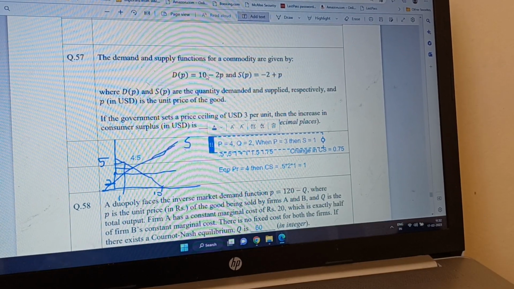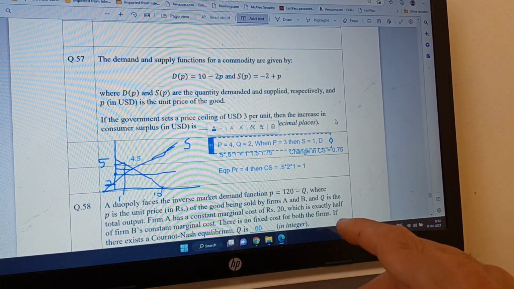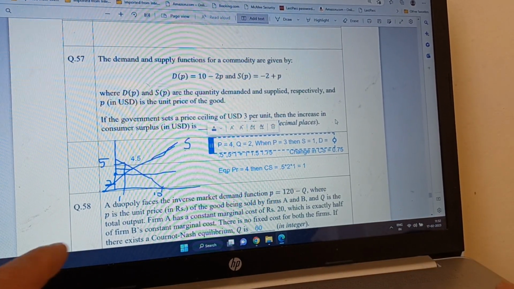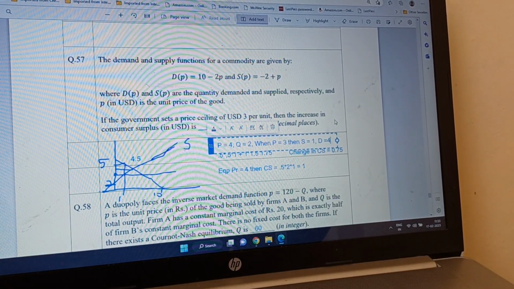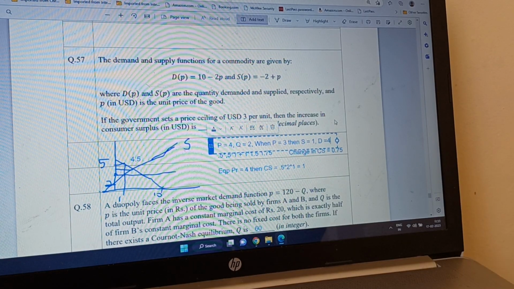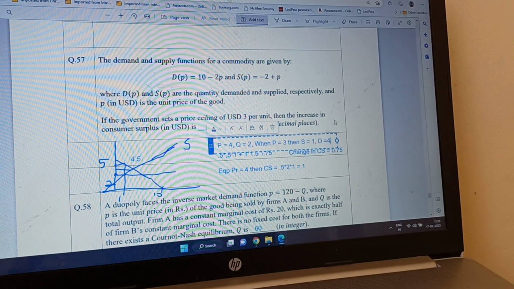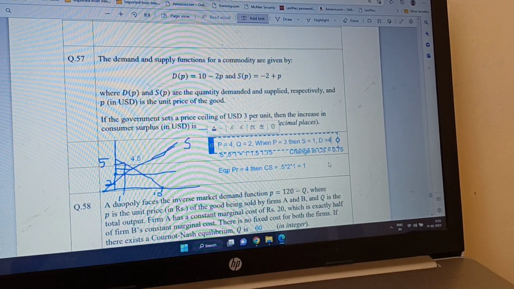The demand is 10 minus 6, which is equal to 4. So D is equal to 4 at P is equal to 3. But then 3 units of demand would not be fulfilled. Well, that's the situation, but let's go and solve this.